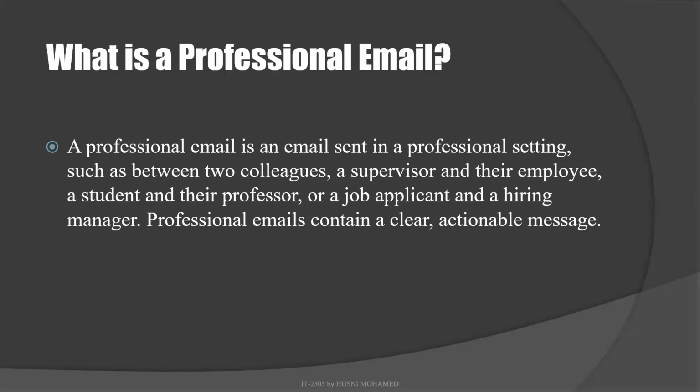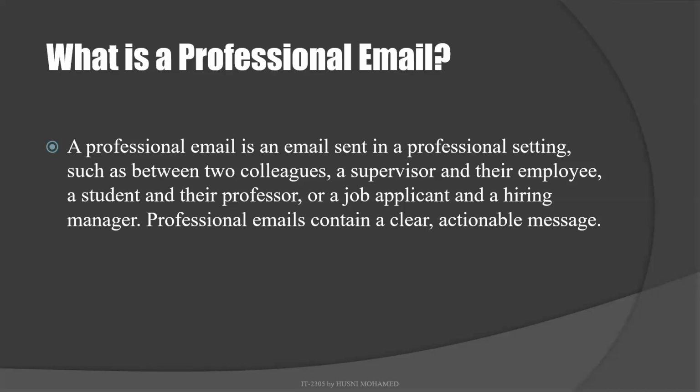Right? And a supervisor and the employee. Okay, then here the stages are changing, the levels are changing, right? So first we have discussed the colleagues, meaning the two people who are on the same level. But when it comes to supervisor and employee, the supervisor is on another level and the employee is below that level.